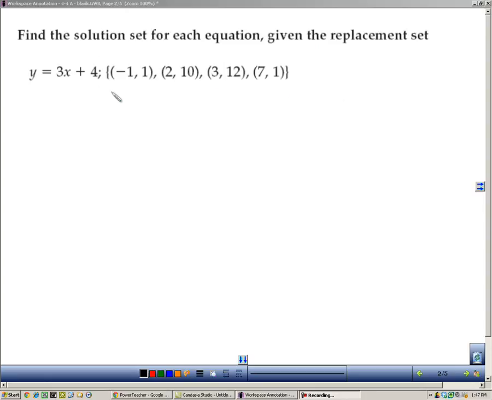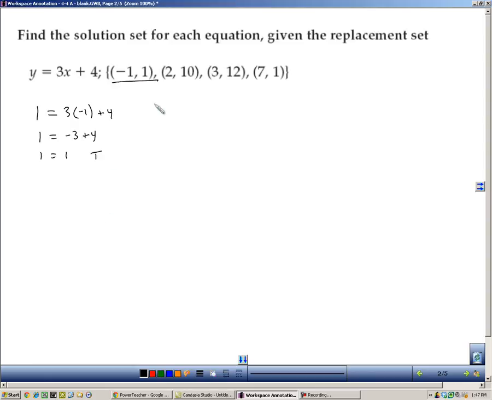So I'm going to start by plugging them in. y is the second number, so I'll plug a 1 in for the y, and then a -1 in for the x, and see if it's true. So 1 equals -3 plus 4, which means 1 equals 1. That's a true statement, so this one's good. Now 10 and 2, 10 for the y, 2 for the x. 3 times 2 is 6, and 6 plus 4 is indeed 10, so that's true.